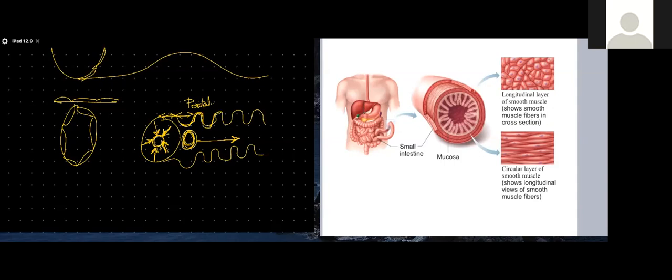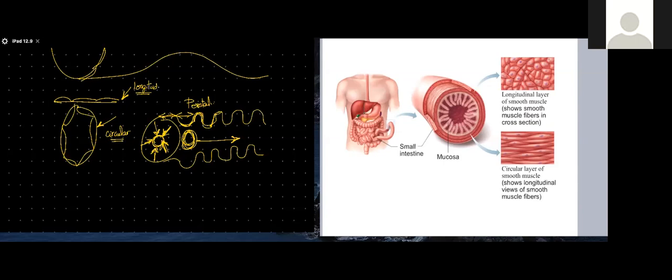So again, which one is located outside? Longitudinal. Which one is located on the inside? My circular muscle layer.